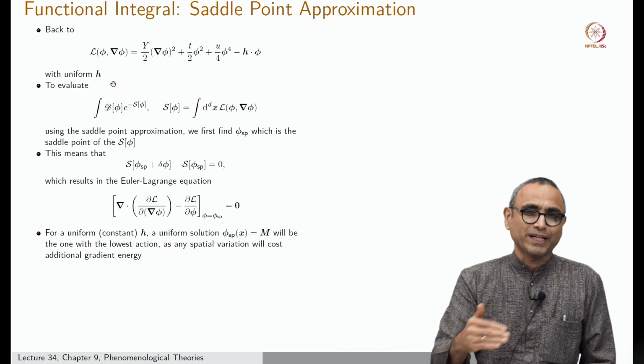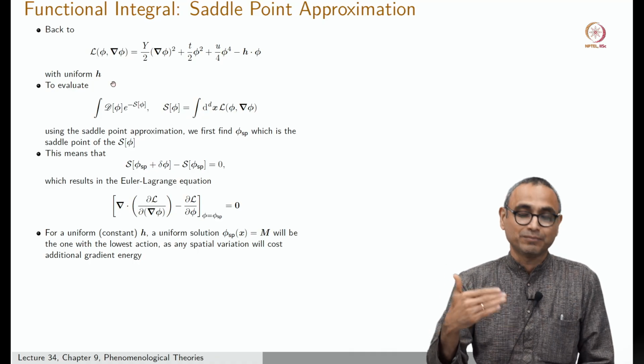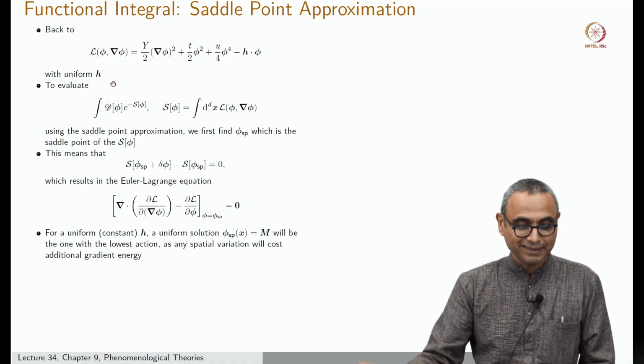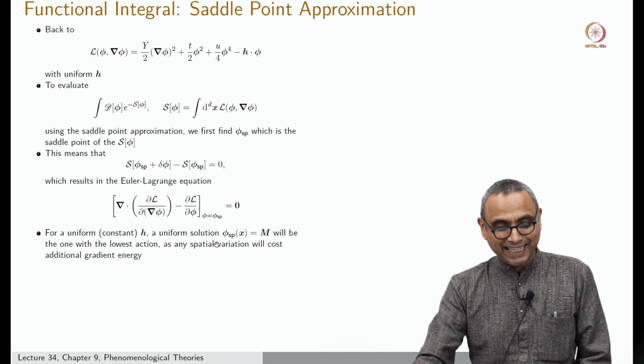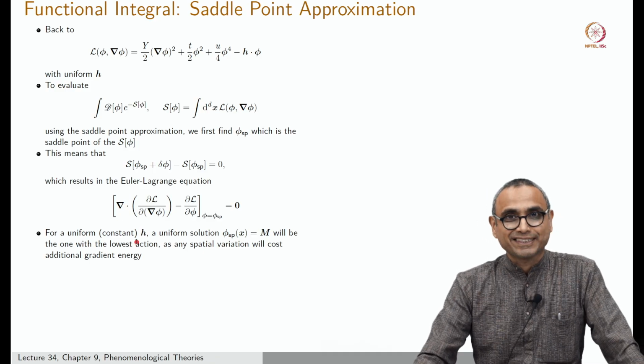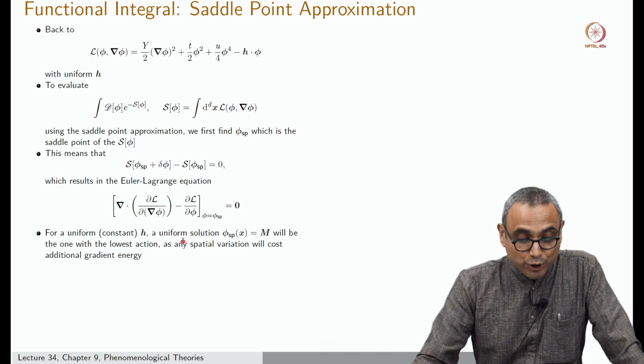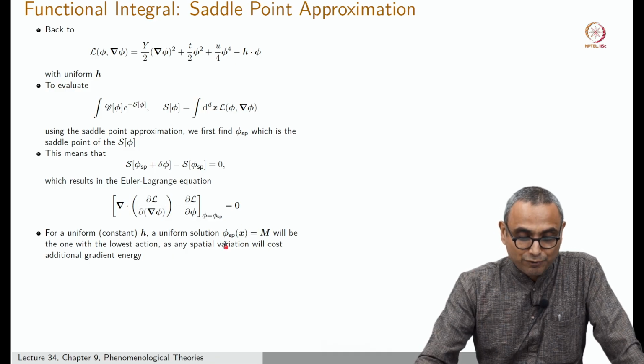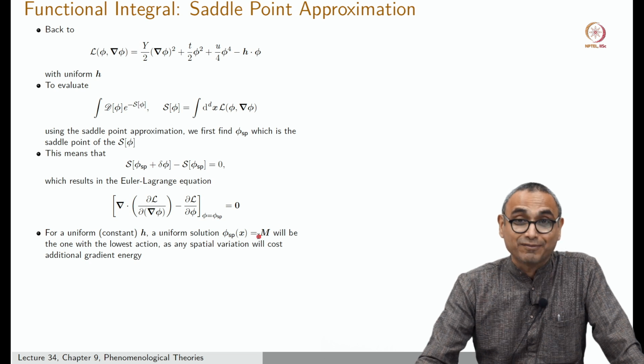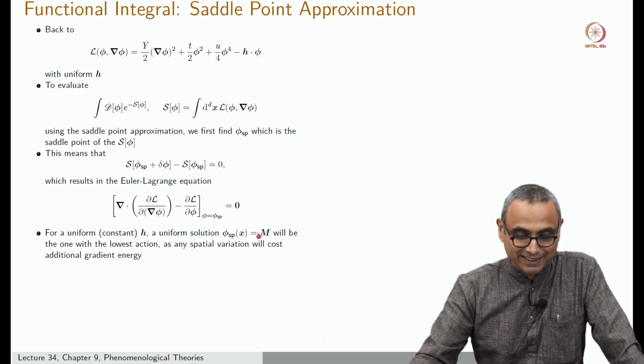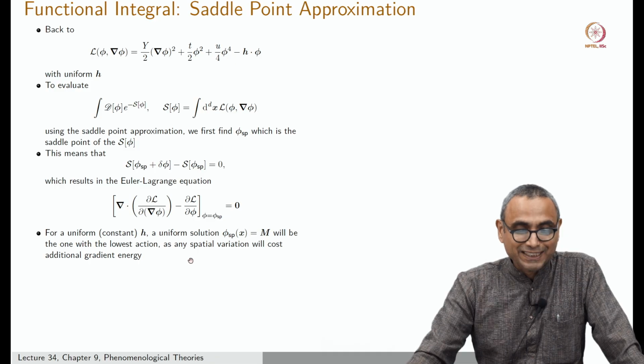It's very easy to prove, but it's much more pleasing to do the physics without doing the math. So what I'm going to say is that if h is constant, then the uniform solution, where phi saddle point is some constant value which I'll call m, and you will see why I'm calling this m, will be the one with the lowest action.